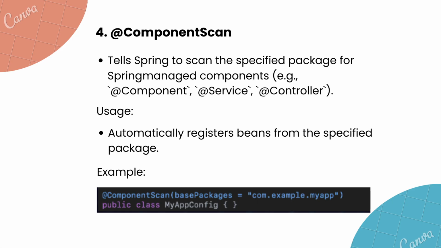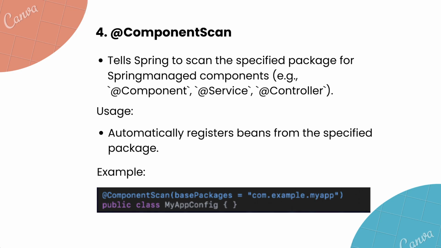Example showing product details. Second one is using at component scan. By adding at component scan, that is base packages equals com.example.myapp, Spring automatically registers product service, product repository and product controller as beans.